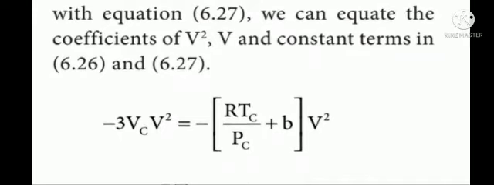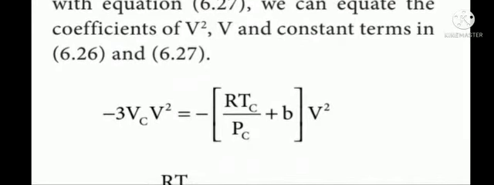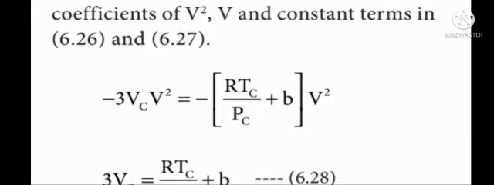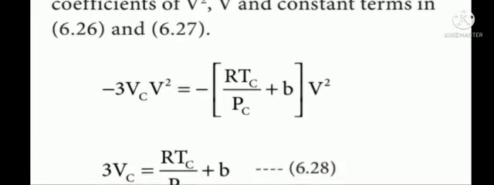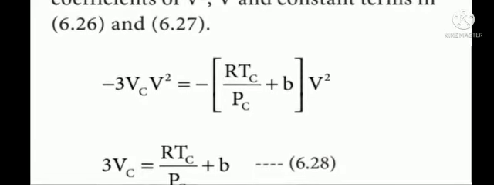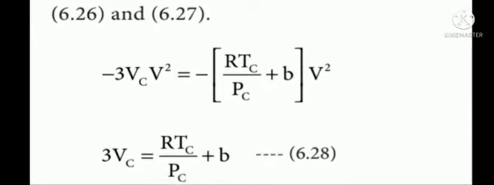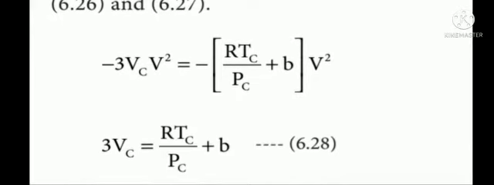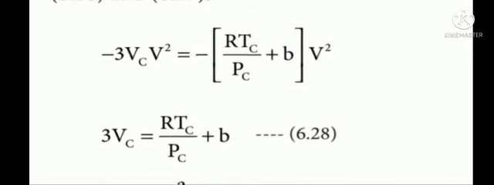In equation 6.26, we have to put Pc in place of P and Tc in place of T. First, we equate the V² terms: -3Vc V² = -(RTc/Pc + b)V².